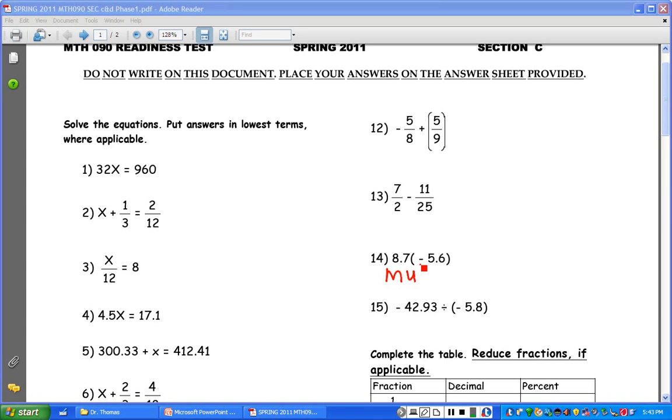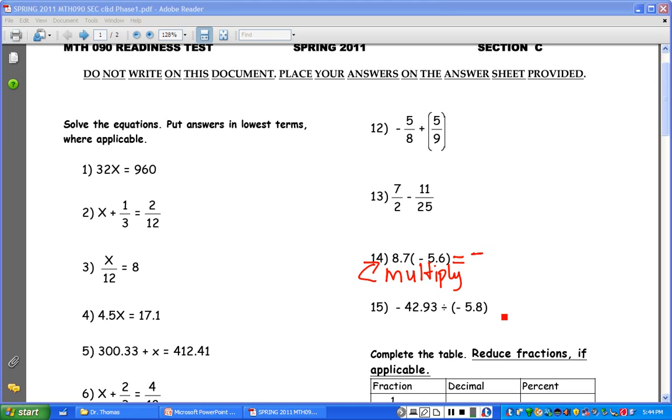So multiply here. Alright, we need to multiply. And when we're multiplying a positive times a negative number, the answer will be negative. So I know that my answer will be negative. So go ahead and put your negative sign up there.